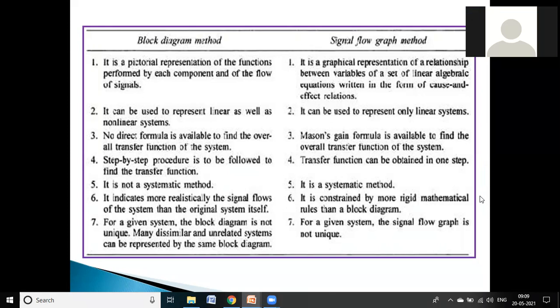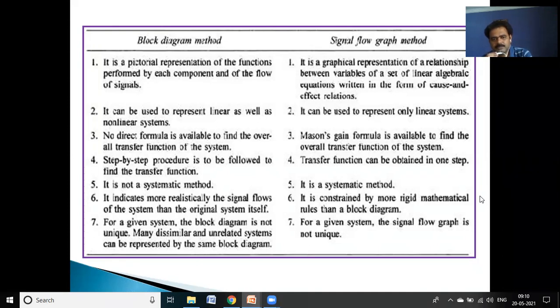Next, coming to the third one, no direct formula is available to obtain the overall transfer function of the system. So step by step we have to follow in block diagram reduction technique. First, either we can merge the blocks, or we can eliminate the parallel paths, or we can eliminate the feedbacks, depending upon the convenience.